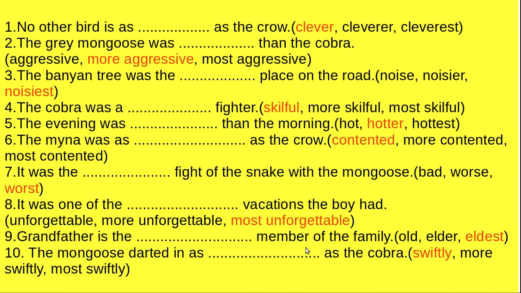Grandfather is the dash member of the family, eldest, so superlative should be used. And the mongoose darted in as swiftly as. As and as is used for transformation of sentences, that will be discussed in a video later. Okay, I think the answers for this whole exercise are clear, right?